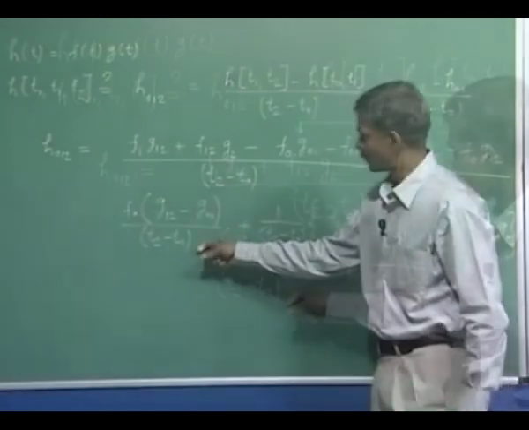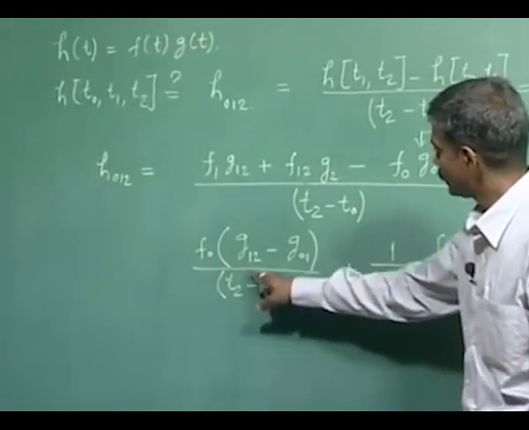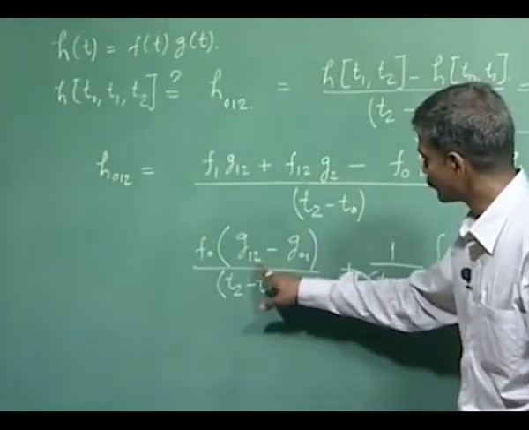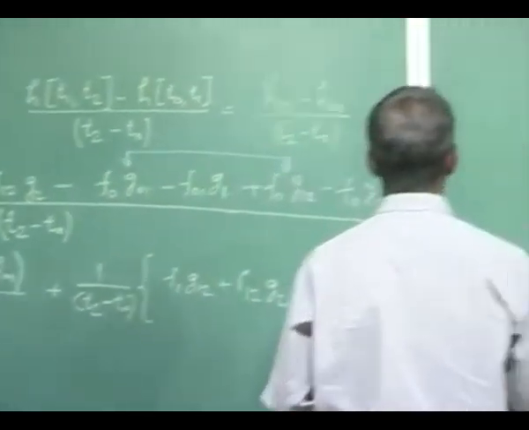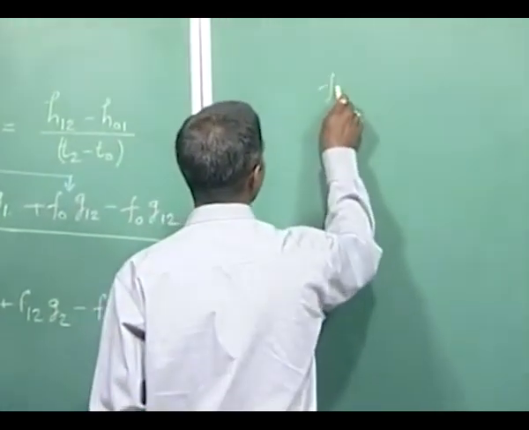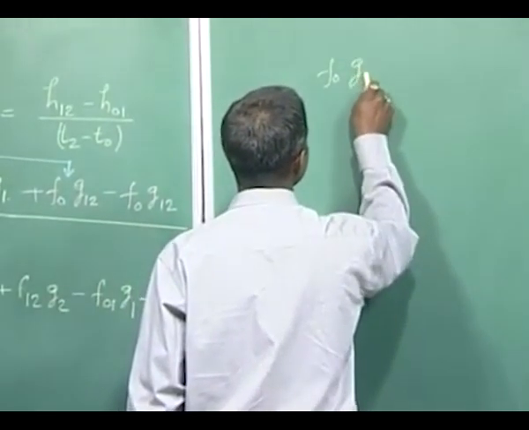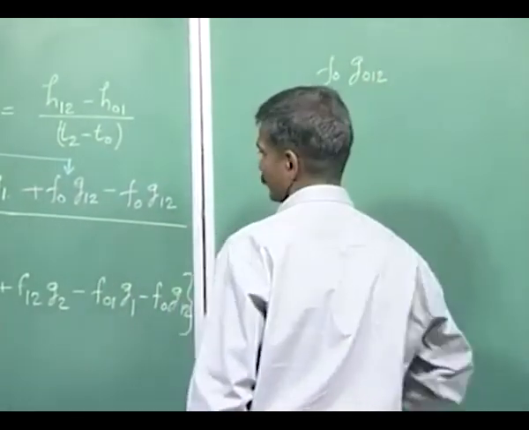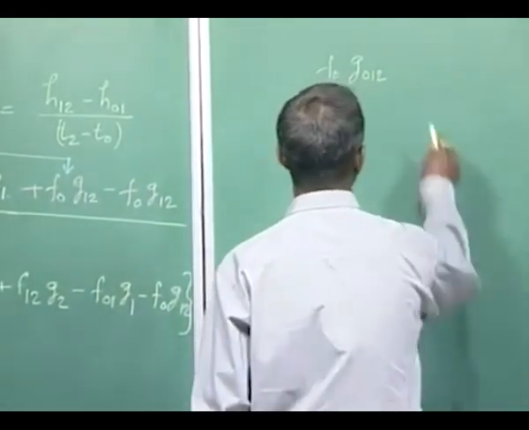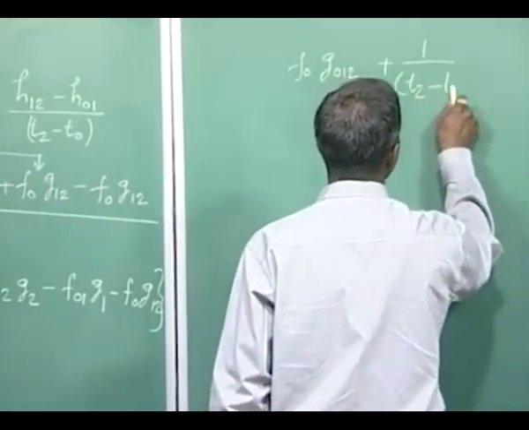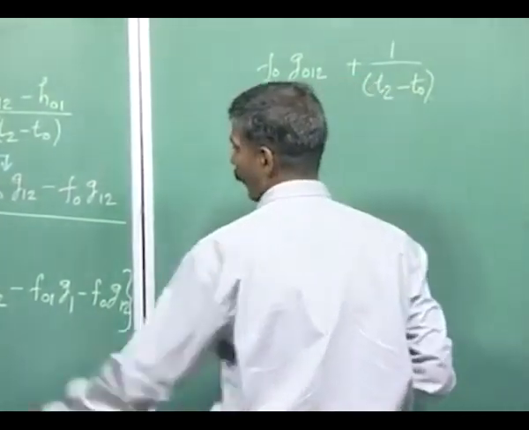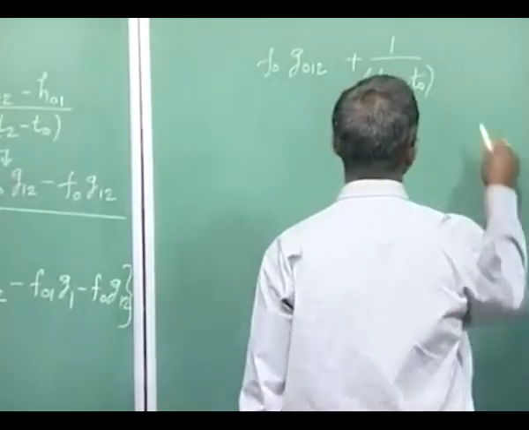What is this term here? This is the second divided difference in G, if you notice. So this is equal to F0 G012 plus 1 over T2 minus T0 times this entire term here.